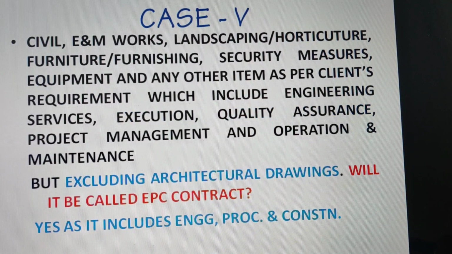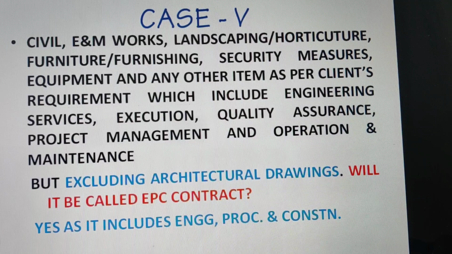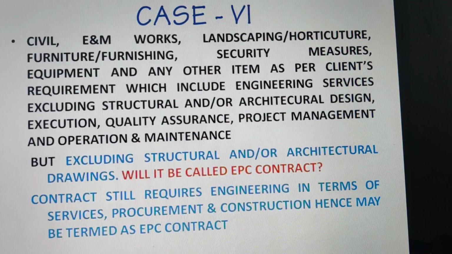Now let us understand with the example again in case 5, where all the architectural drawings are provided by the employer, but all engineering and procurement and construction is done by the agency or the contractor. Then again it will be an EPC contract, and thus the scope of only architectural drawings is with the employer.